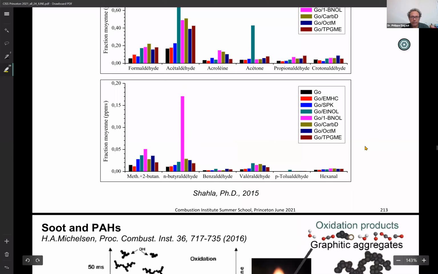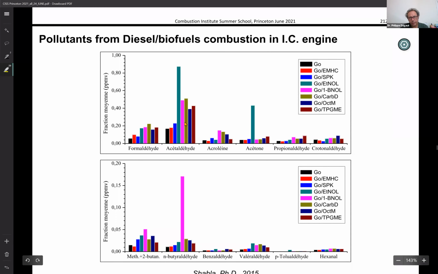So there is a strong correlation between the structure of this additive and the species that are formed here. Acetaldehyde is very close to ethanol. When you burn ethanol, you get acetaldehyde as a main intermediate.